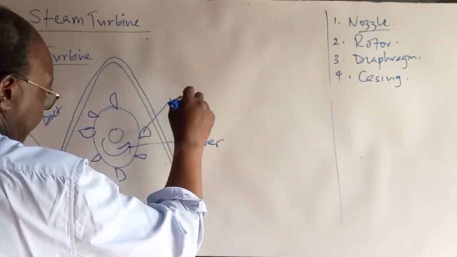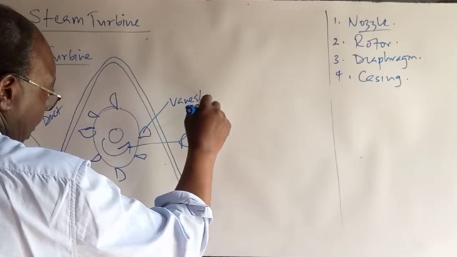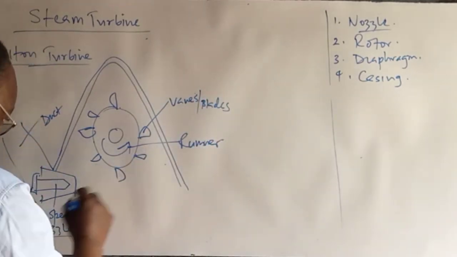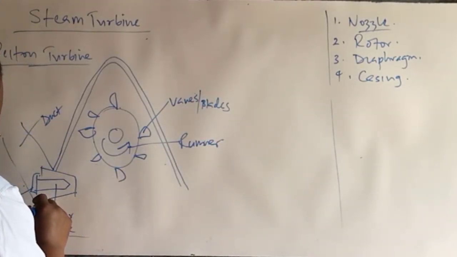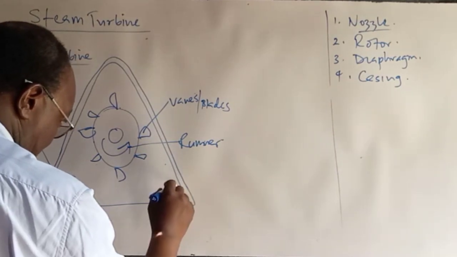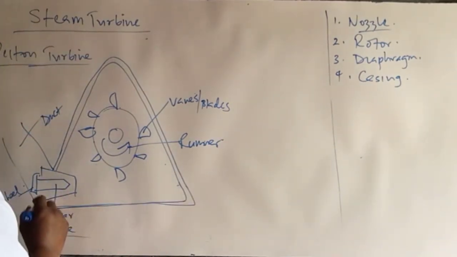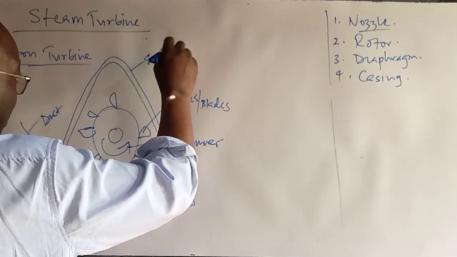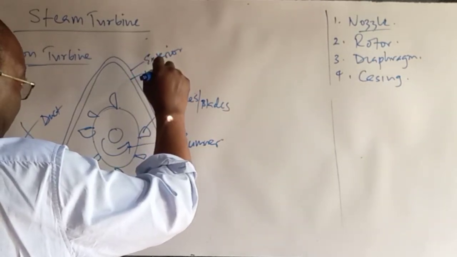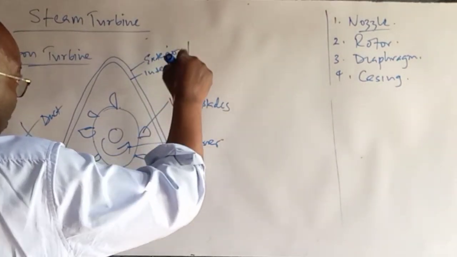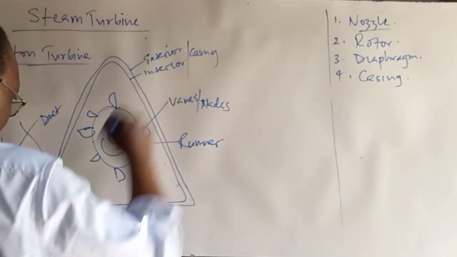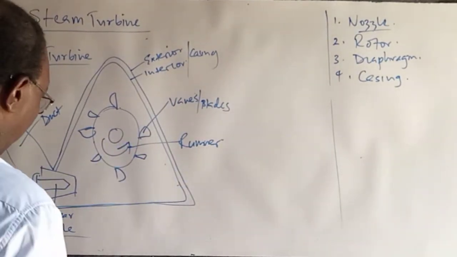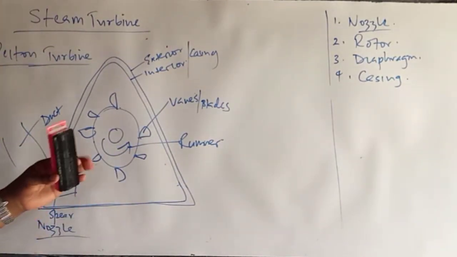We have the vanes or blades. In most cases, the casings have exterior and interior casing. And so we have this kind of a thing.